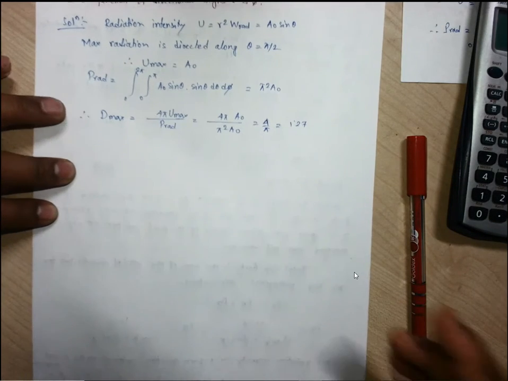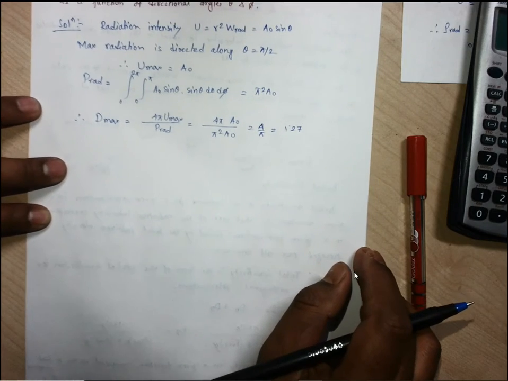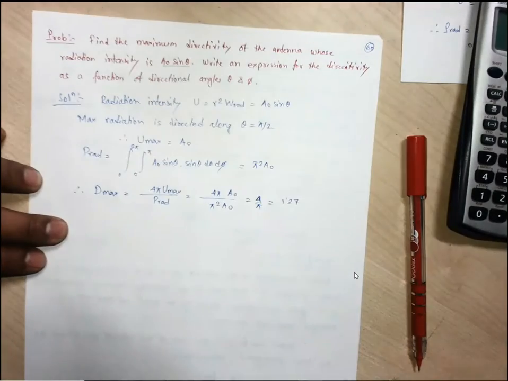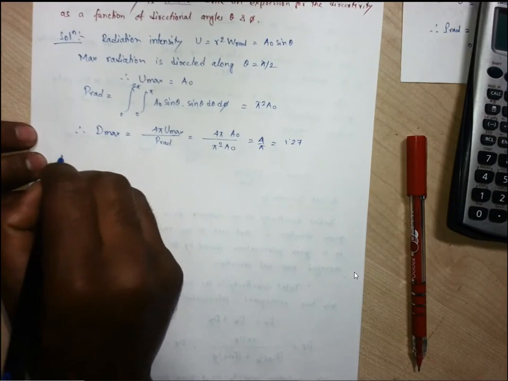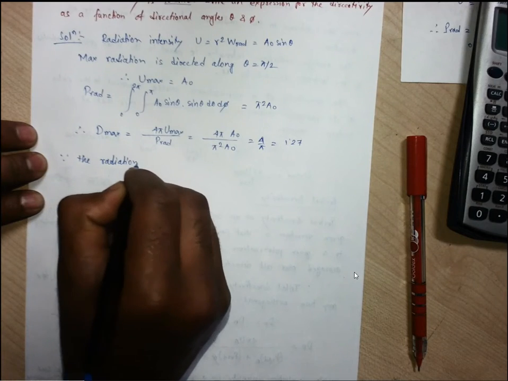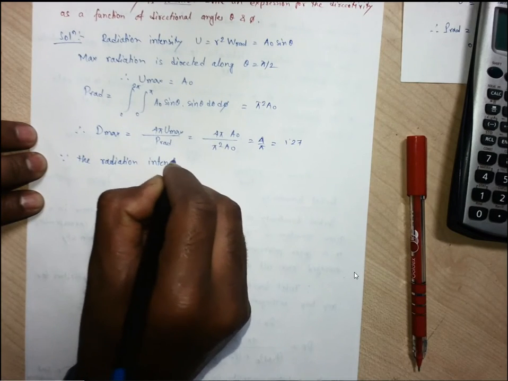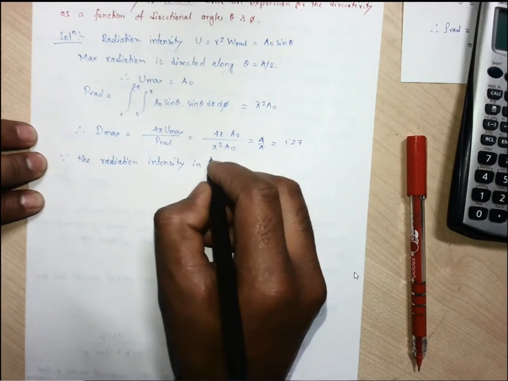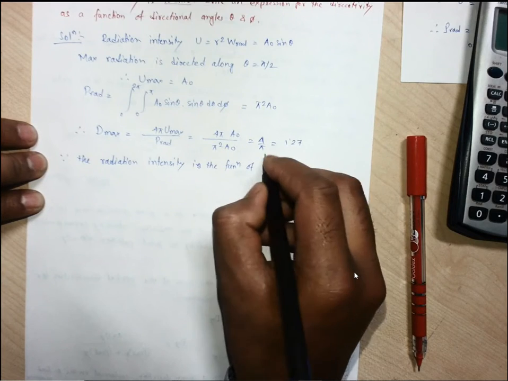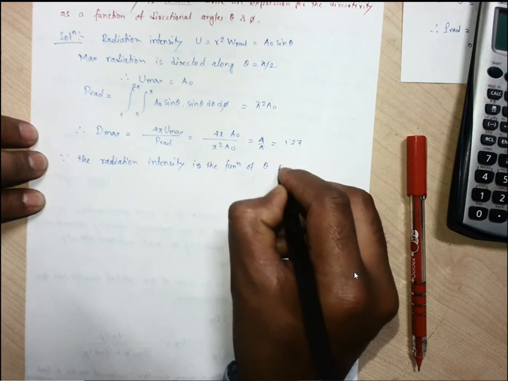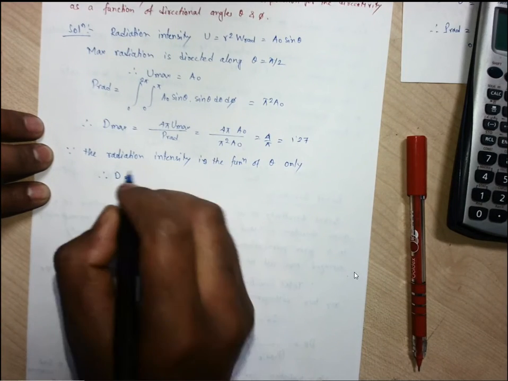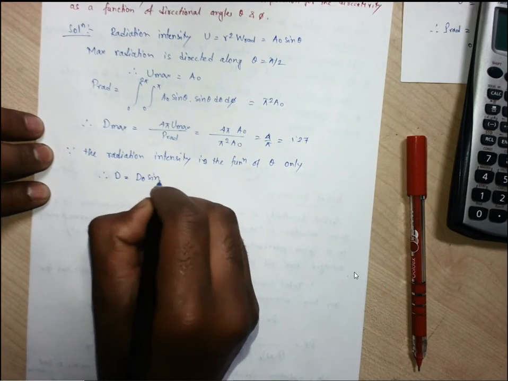Okay. So here we can see that this radiation intensity is a function of theta only. Since the radiation intensity is a function of theta only, the expression for directivity will be D equals D naught sin theta.